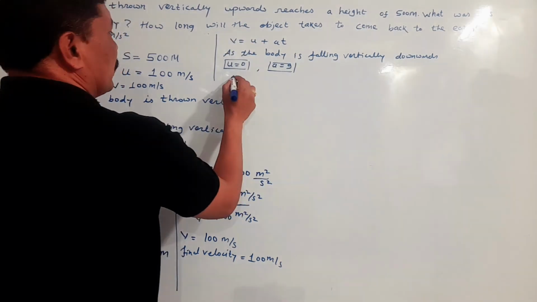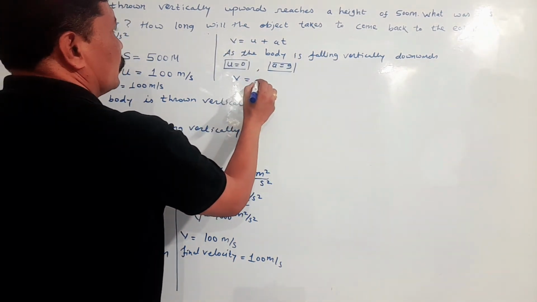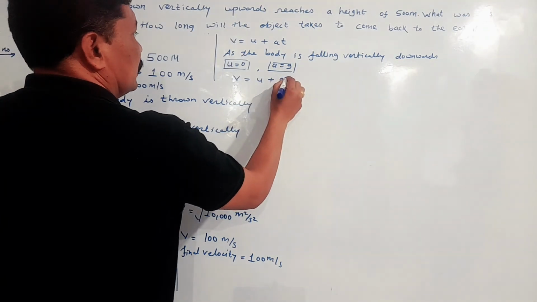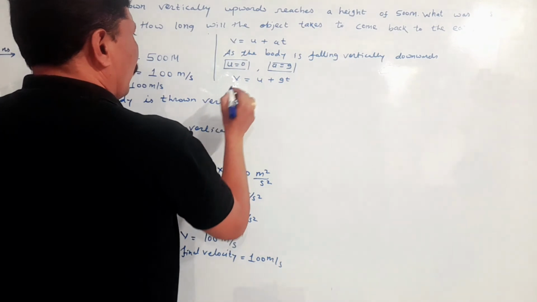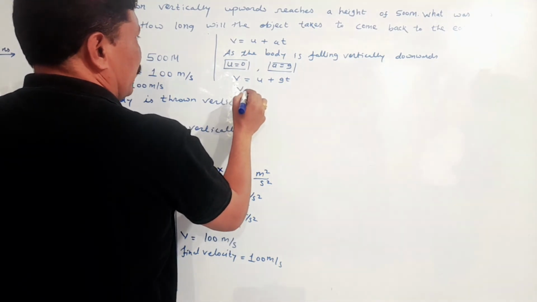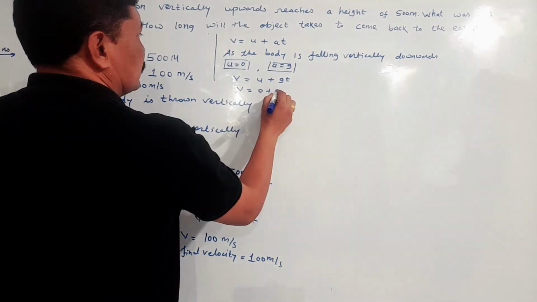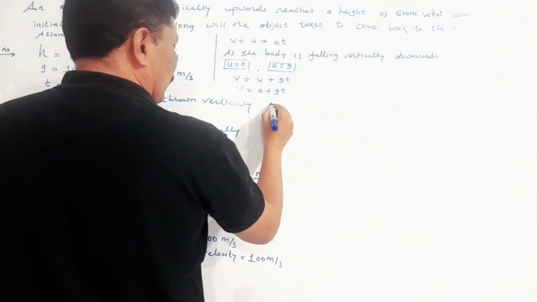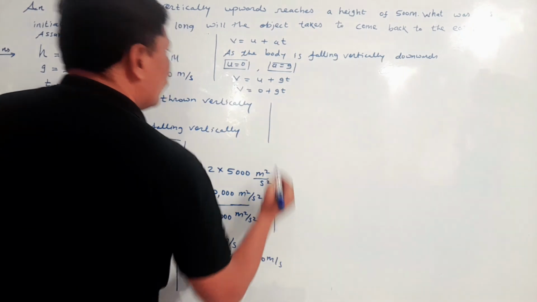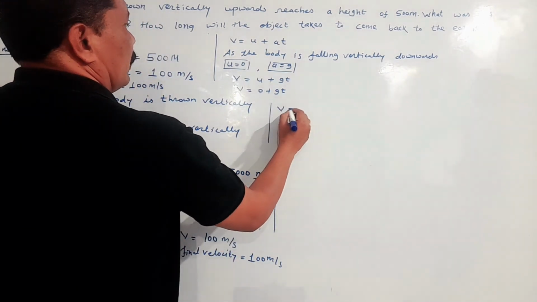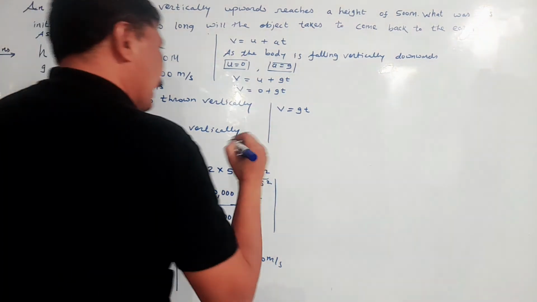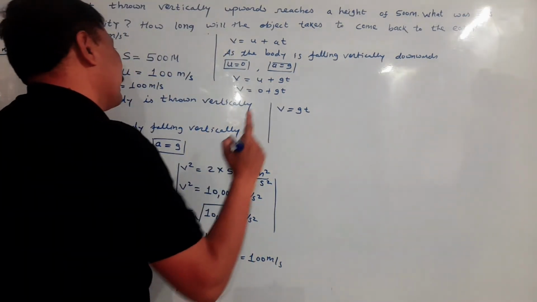This equation will become v is equal to u plus gt. Now we can write v is equal to 0 plus gt. So v is equal to gt. My dear student, we are going to find time.